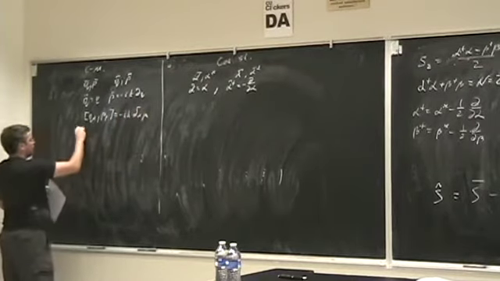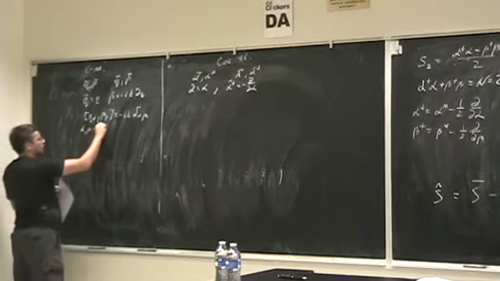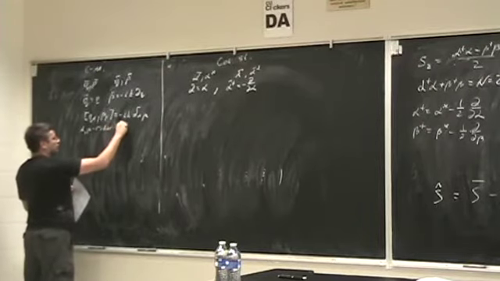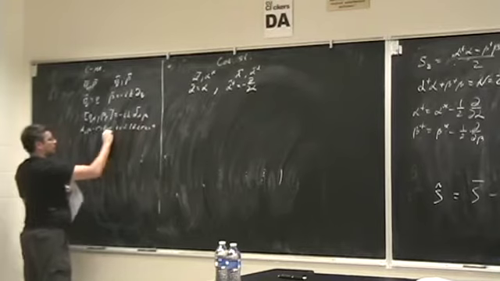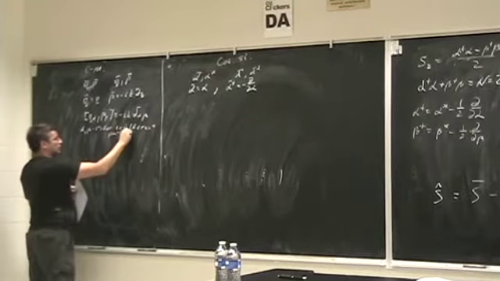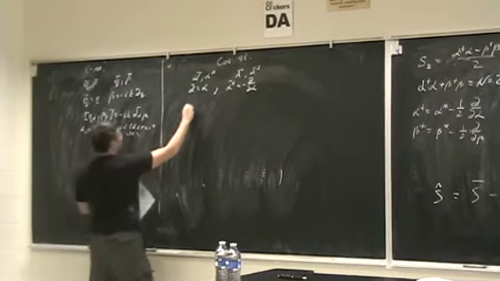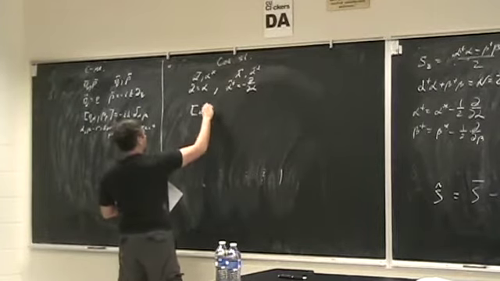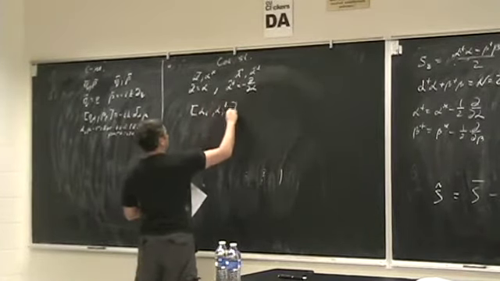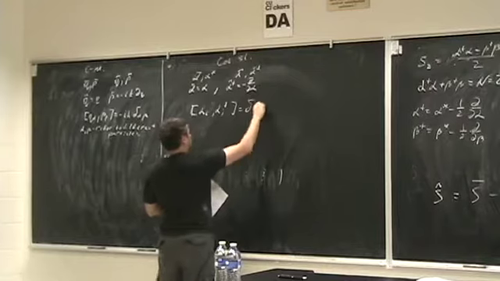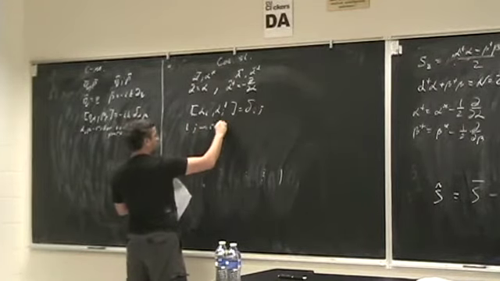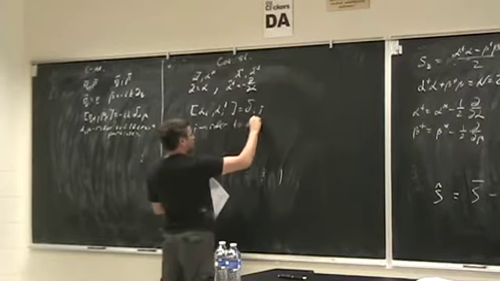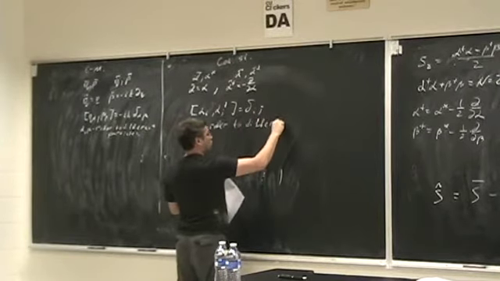And what I want to highlight is that alpha and beta refer to different particles. Here we have alpha i, alpha j dagger is delta ij, and i and j refer to different modes.